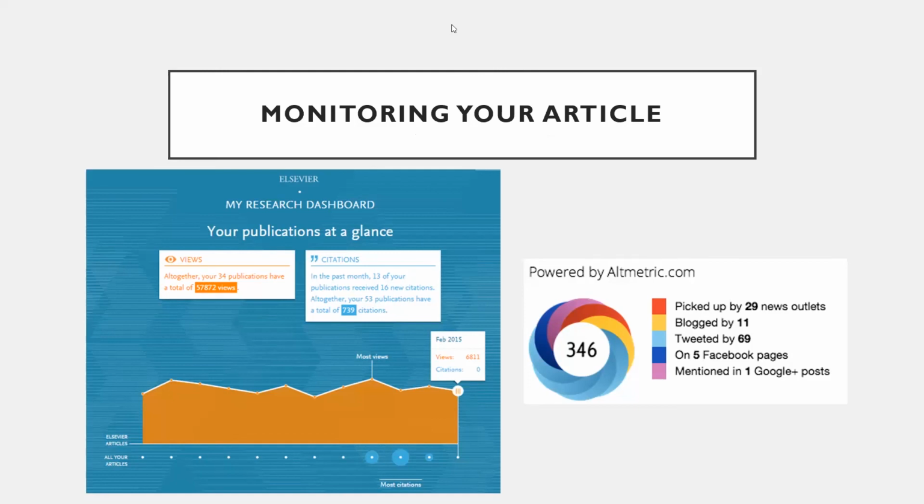Elsevier, for example, has a research dashboard showing how many researchers have reviewed your paper and how many have already cited it. It is very important for you as a researcher to take into consideration. And that's all I have for today, and thank you very much.